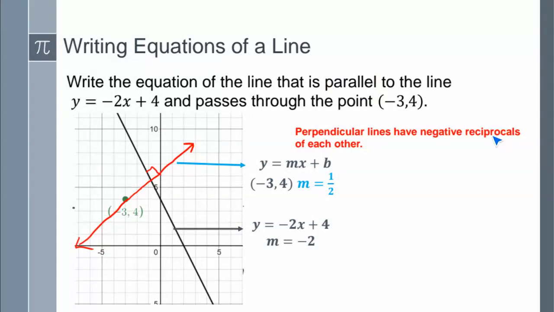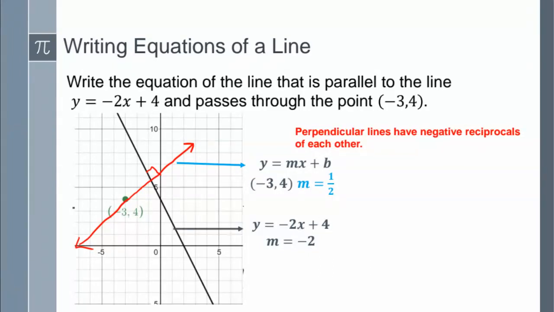To find the negative reciprocal, you take your slope, which is -2, and change the sign. So instead of negative, we're going to use a positive. Then we take the reciprocal of the number 2, which means we're flipping the number if it's a fraction.